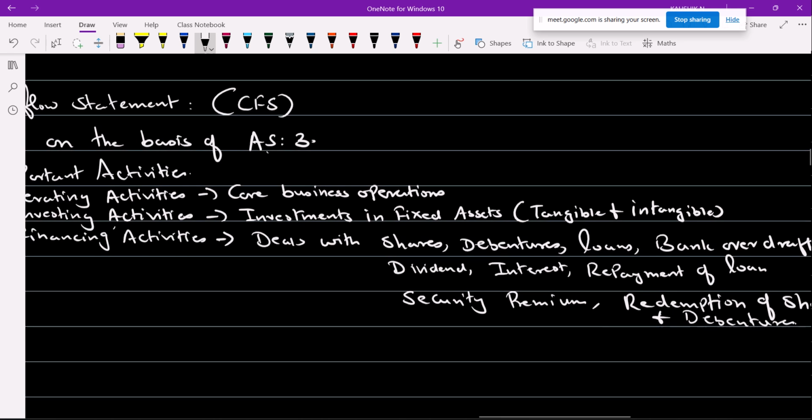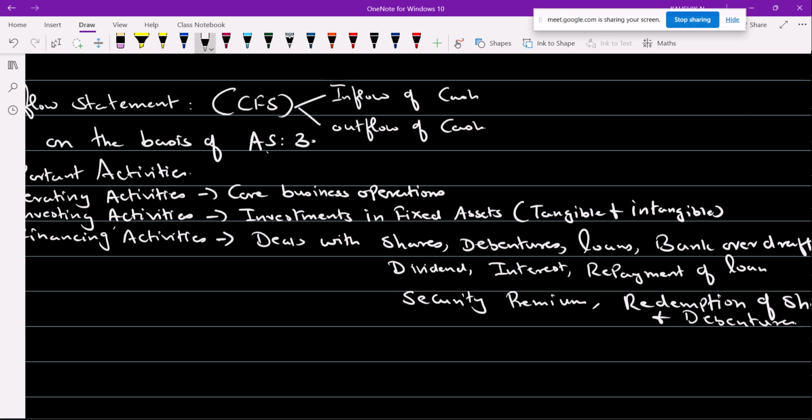Now, this cash flow statement, as you could see, in all these three activities you will be finding two important segments, that is inflow of cash and outflow of cash.